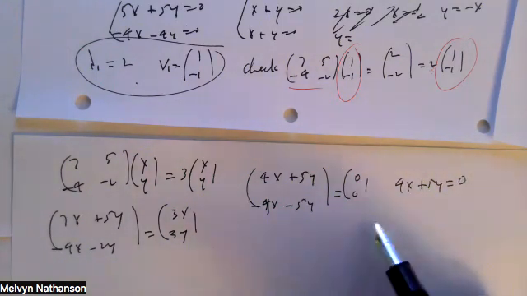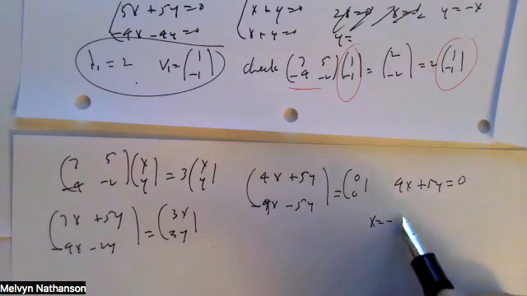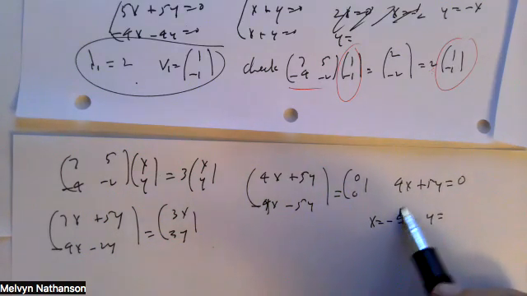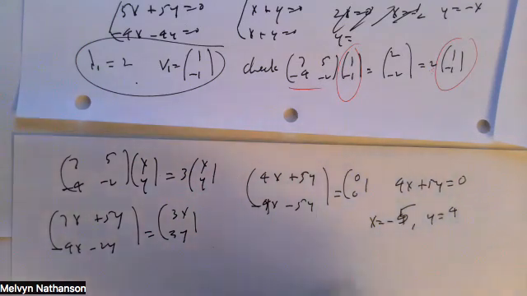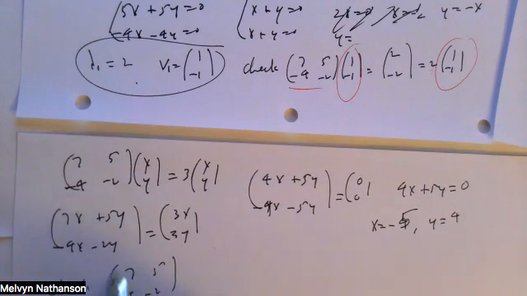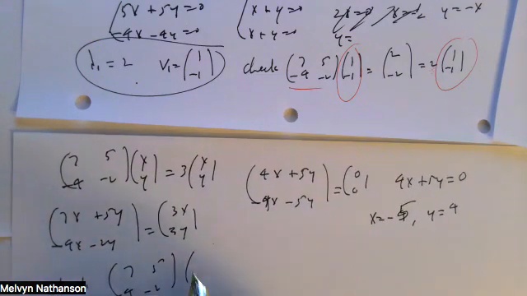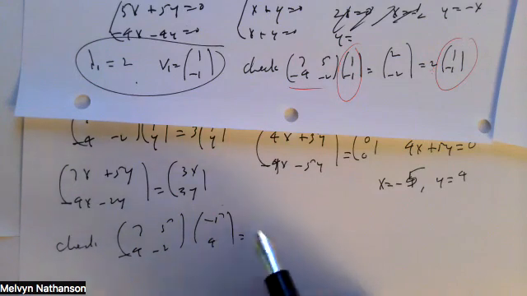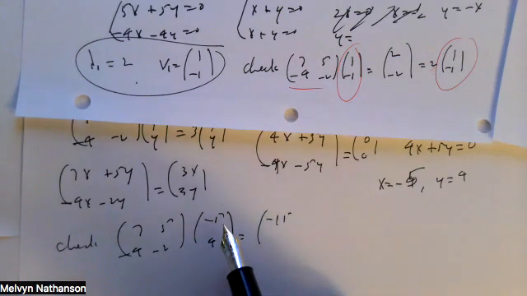So one solution would be x equals minus 5, y equals 4. Let's just check. If I take 7, 5, minus 4, minus 2, applied to the vector minus 5, 4, this is minus 35 plus 20, which is minus 15.